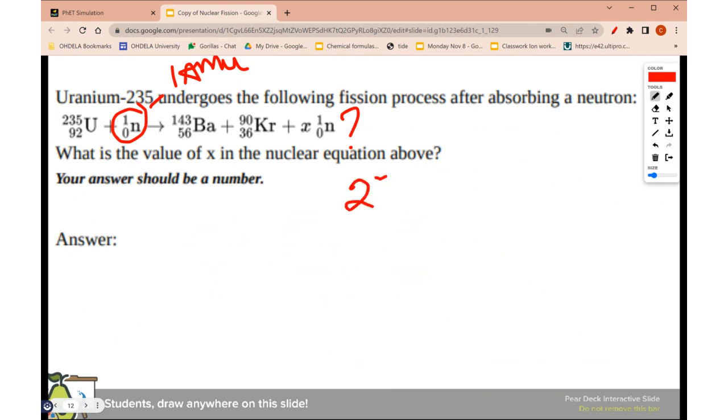So uranium-235, and we're going to subtract the mass that we have here: 143 plus 90.